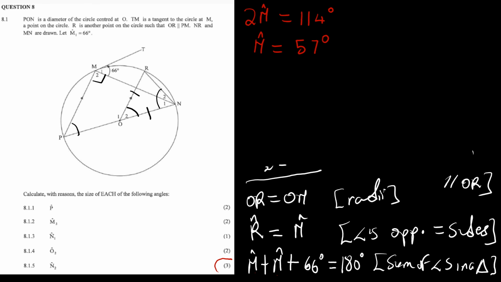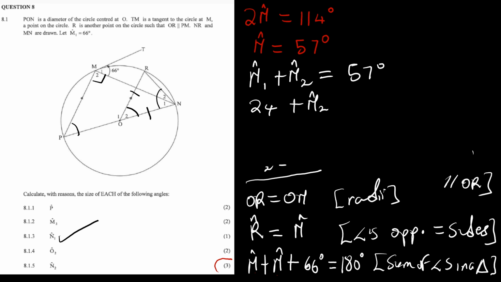So we know angle N is angle N1 plus angle N2, which is 57 degrees. We calculated angle N1 in 8.1.3, and it was 24. So 24 plus angle N2 is equal to 57 degrees. Angle N2 is 57 degrees minus 24, which gives us 33 degrees. So that will be your angle N2.